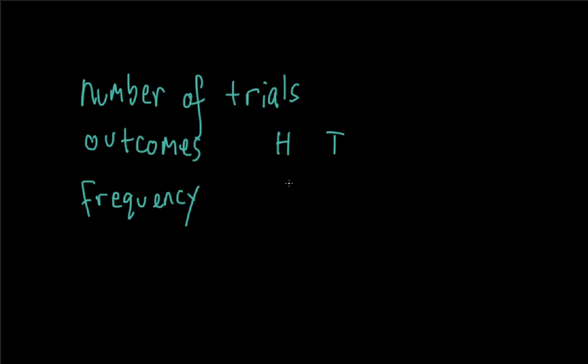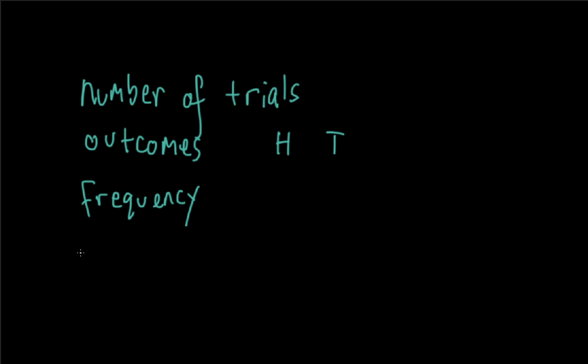So if we flipped the coin 100 times and we found that it was heads 49 of those times, then our frequency for that outcome heads would be 49. What would then be the frequency for the outcome tails? Well, clearly the answer must be 51, right?